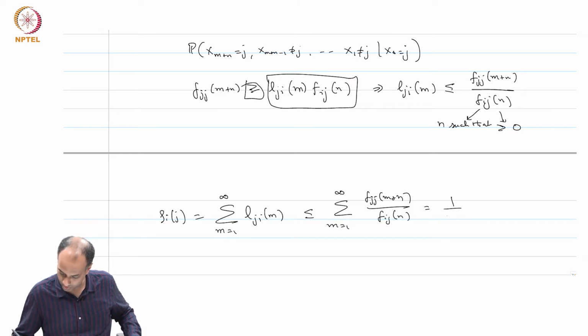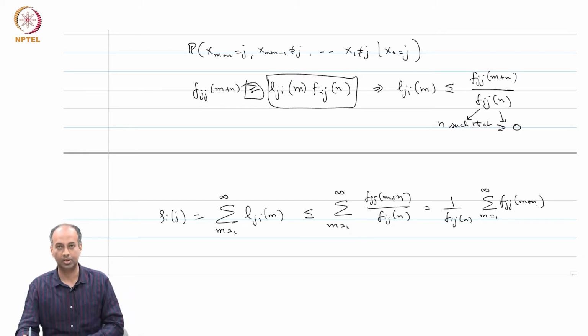That is 1 over Fij of n times the sum over m equals 1 to infinity of Fjj of m plus n.